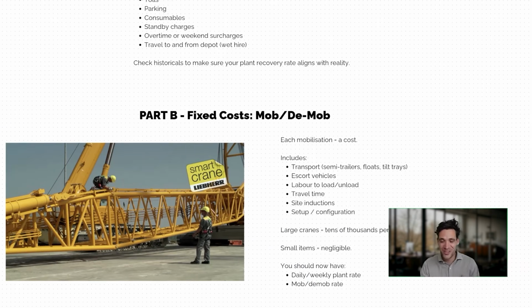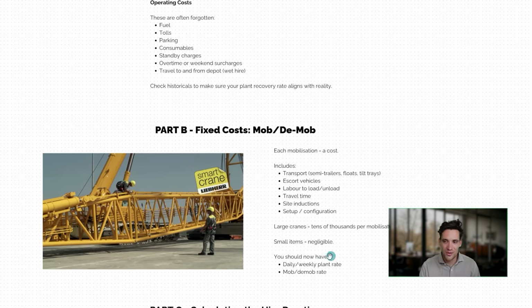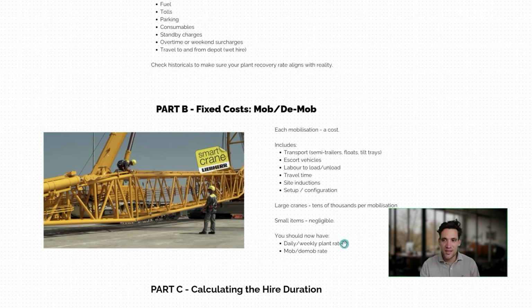So for things like large cranes, it can be a massive cost. But these are just costs like transporting to or from site, escort vehicles, any labor to load or unload, travel time, site inductions that have to get done, or any site-specific setup and configuration. For small items like utes, you can ignore it. But for large cranes, large bits of plant, this cost will be massive.